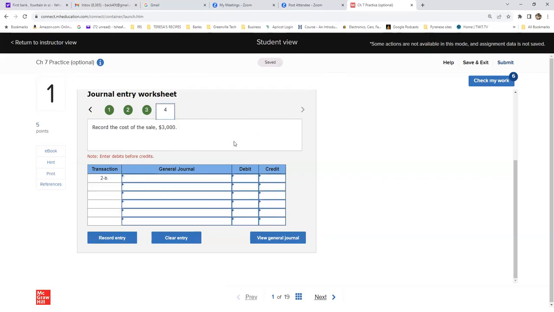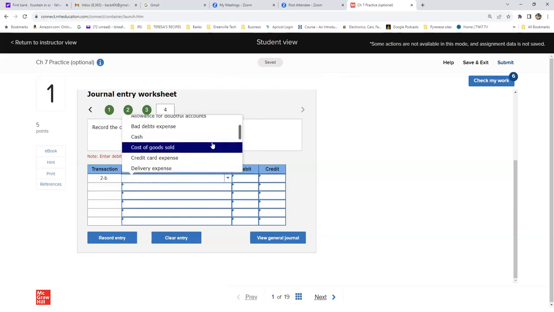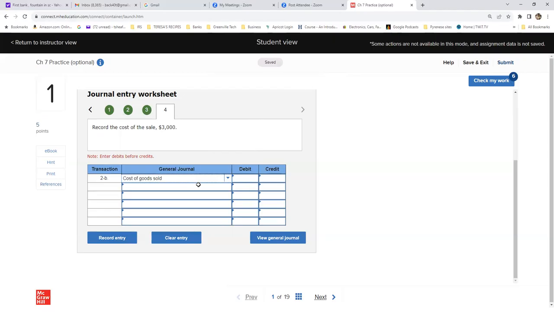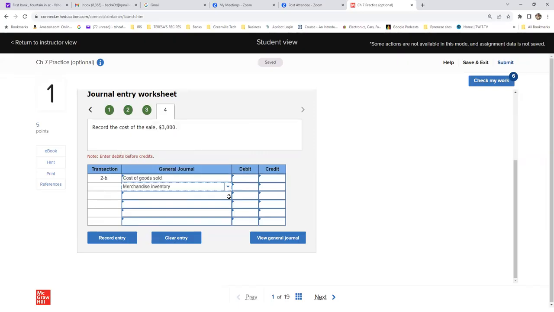Right, and then we're going to have to show the cost of the sale. So our debit's going to be cost of goods sold, and then our credit is going to be merchandise inventory. Both amounts will be for $3,000.